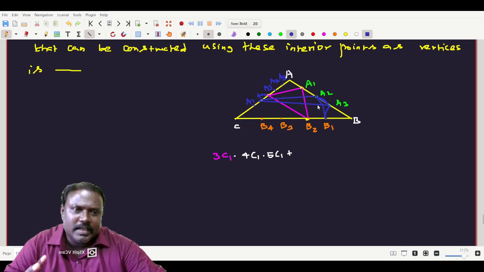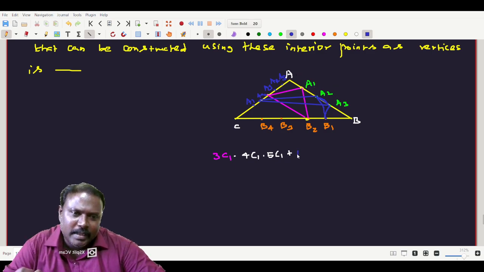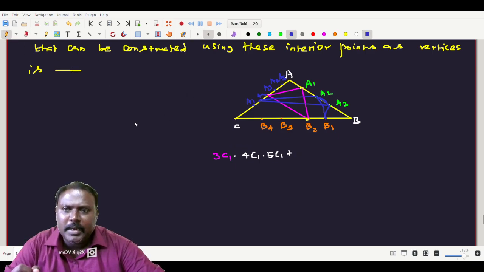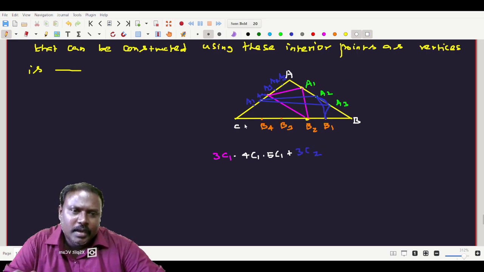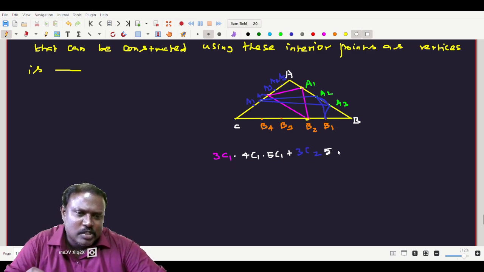So the number of ways of selecting two vertices along AB is nothing but 3C2, into the number of ways of choosing one vertex along BC, which is 4C1. This is one possibility.